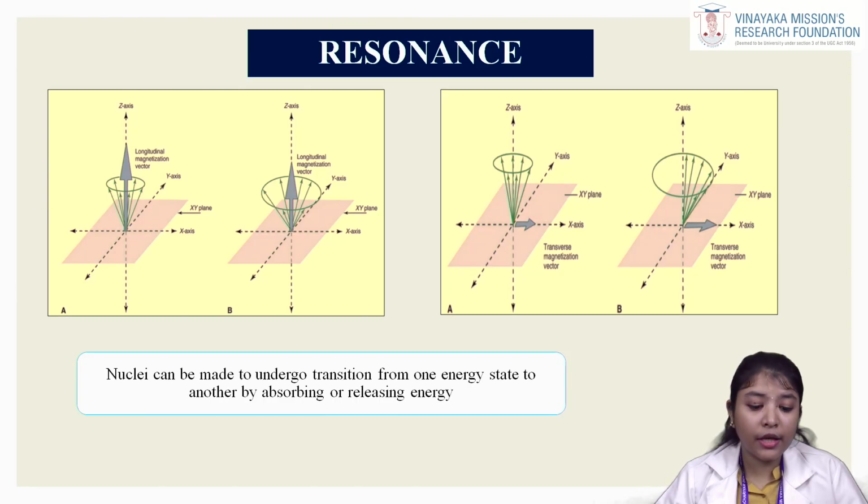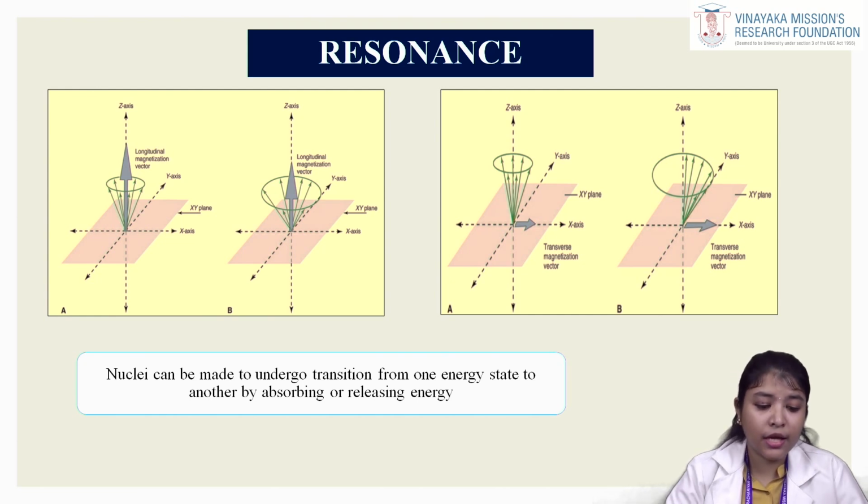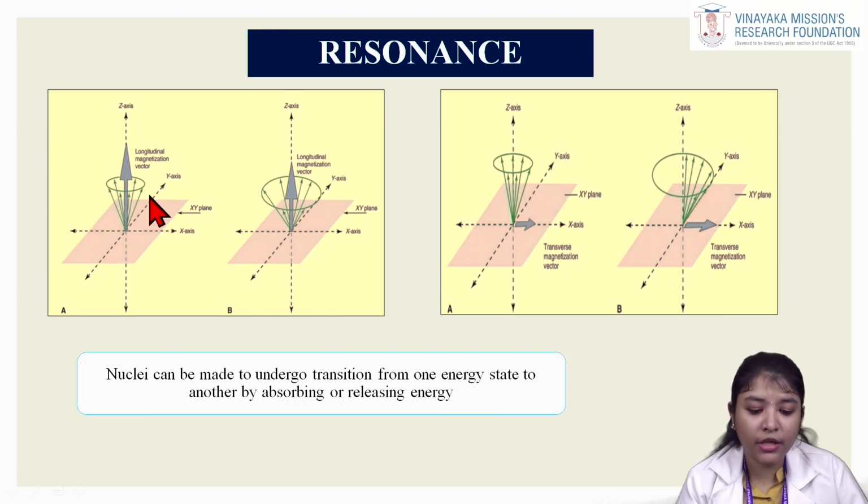Resonance. This image on the left, the first image, shows the longitudinal magnetization vector. As I said before, when the magnetic field is applied, the protons align as spin up and spin down. When the radio frequency pulse is absorbed by the protons, it causes the low energy nuclei to go to a higher energy state, so the longitudinal vector, as you see in the image, is reduced in size.